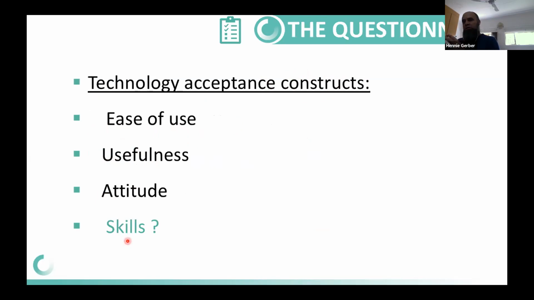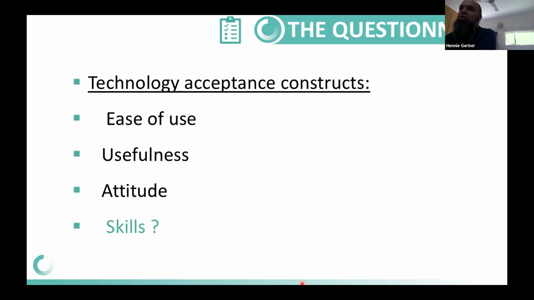Skills is the new construct that was brought in this research. So ease of use, usefulness, and attitude already exist in the technology acceptance model. And then this person wanted to see if skills also will have an influence. So skills is the new construct coming into this model.